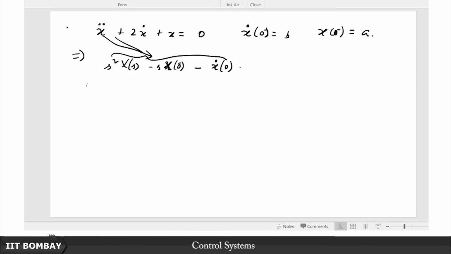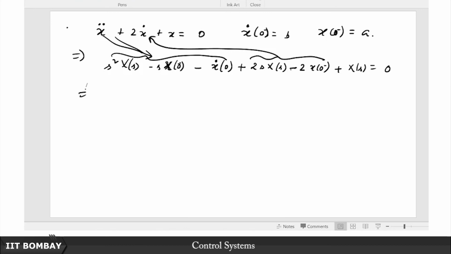Then you go for the second term, plus 2 times s of x of s, and then you have minus 2 times x of 0 minus. So that second term comes from the Laplace transform of this, and finally you have x of s is equal to 0.